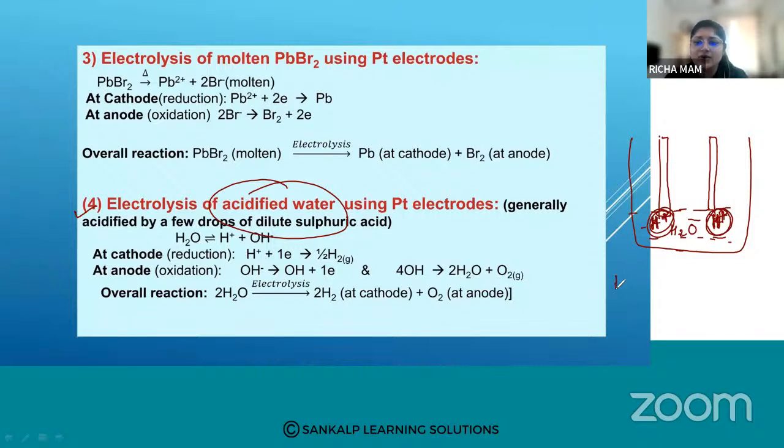So now what will happen? Whatever water molecules are there will get dissociated into H plus and OH minus ions. So what are the overall reactions?